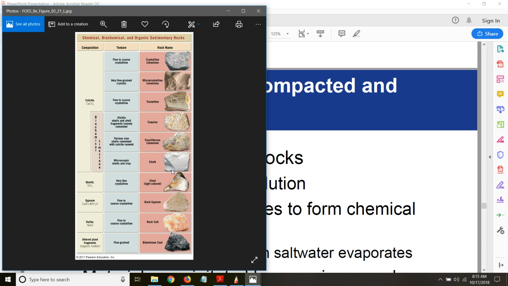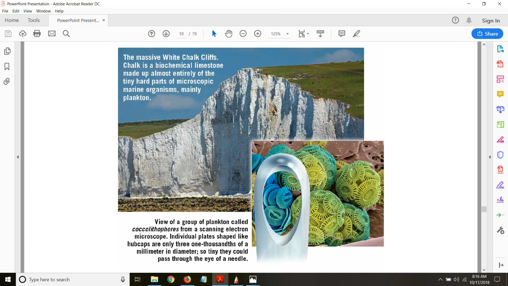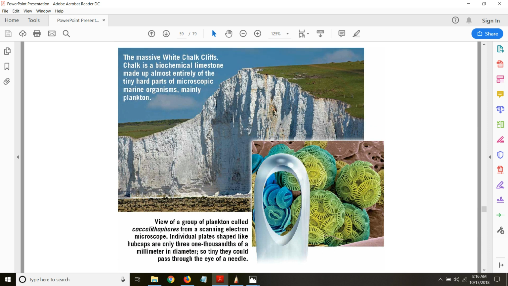Another category of biochemical calcite is chalk. This is also formed from a very small microorganism, and here is a figure that I want to show you. Okay, here it is. This is a chalk plateau or chalk cliff. It is somewhere in England, I think.